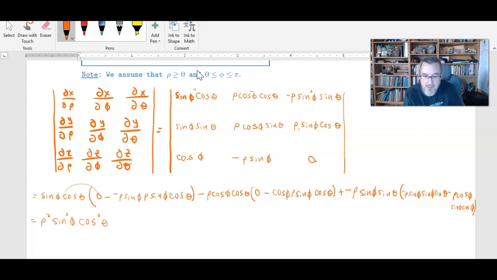Next one. 0 minus minus plus. Let's see, rho squared cosine phi squared cosine theta squared sine phi.